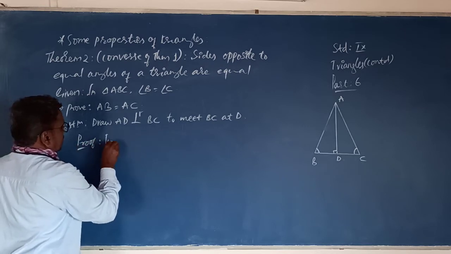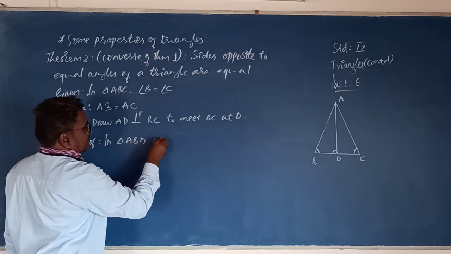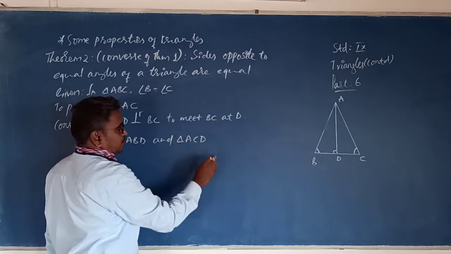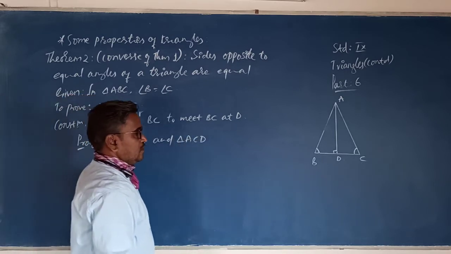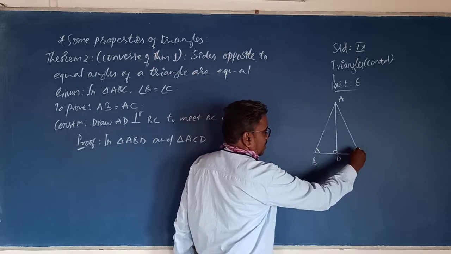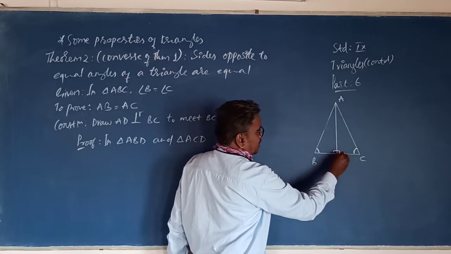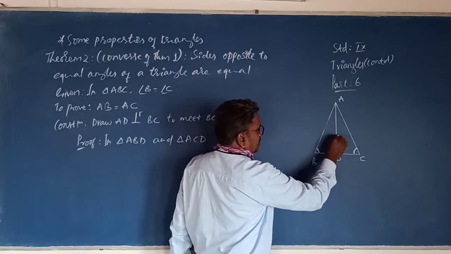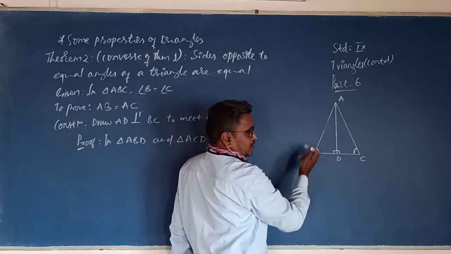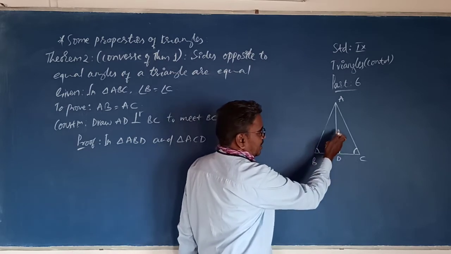In triangles ABD and ACD, angle B is equal to angle C. Angle ADB is equal to angle ADC equal to 90 degrees, and AD is common. So by AAS congruence, that we already know very well.